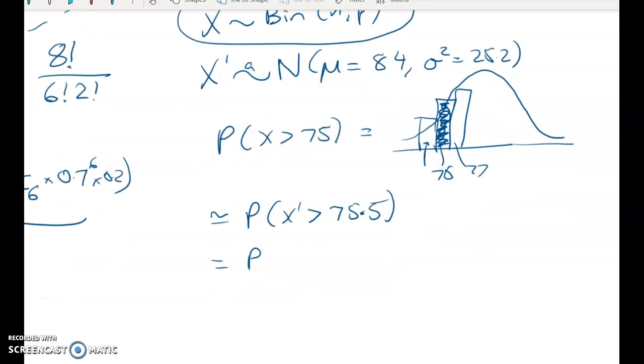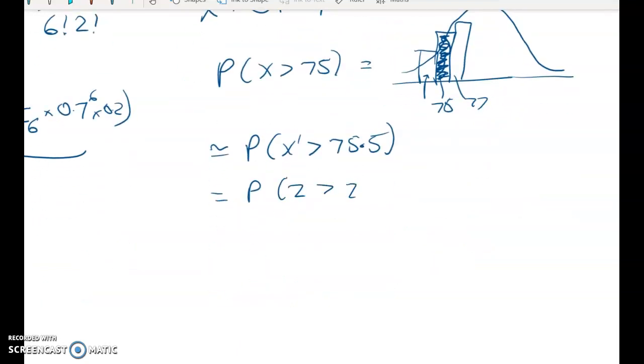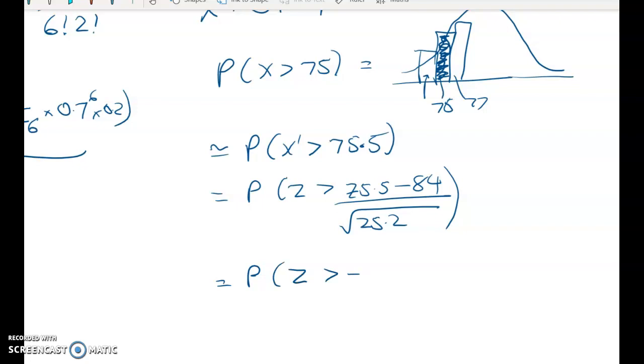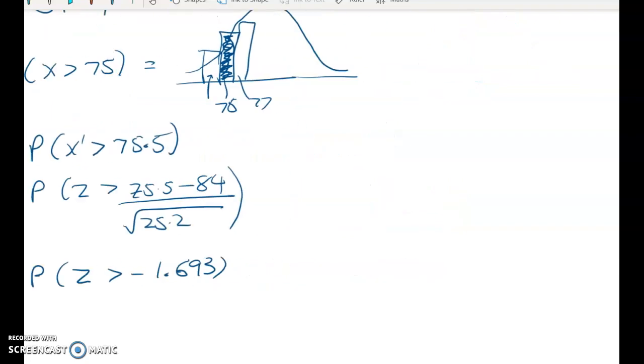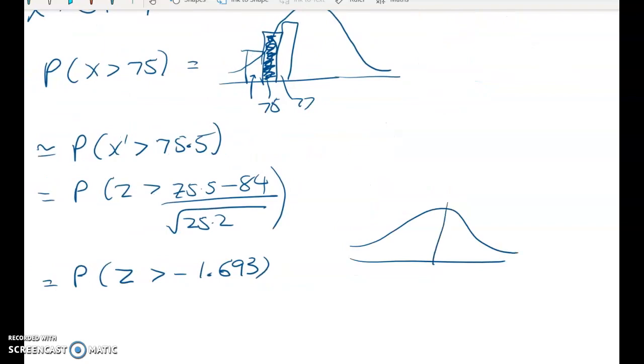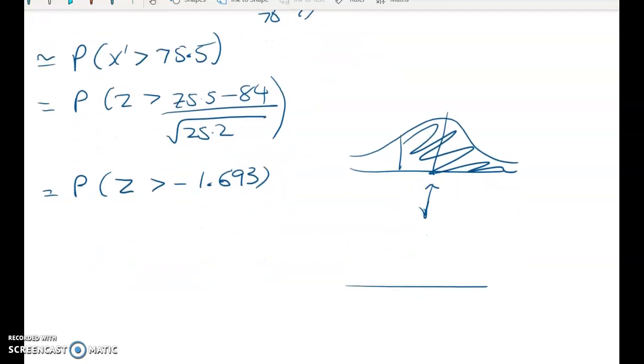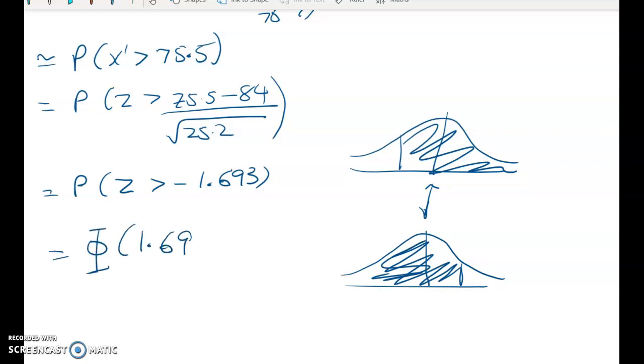So that equals the probability that Z is greater than 75.5 minus 84 divided by the square root of 25.2. So I'm standardizing and I'm asking how many standard deviations below the mean is 75.5. When I chuck that into my calculator, we're going to get the probability that Z is greater than negative 1.693. Let's draw a picture. So I want that area there, but that is equivalent, because I'm using the tables, to phi of 1.693.